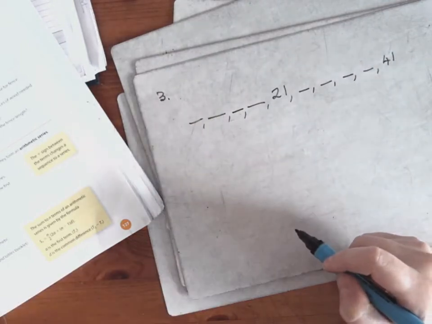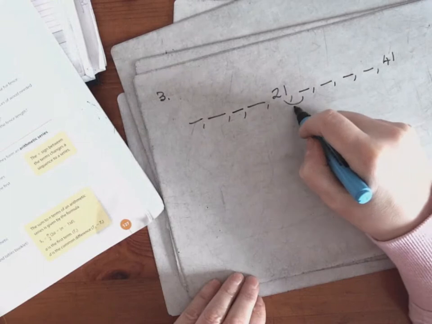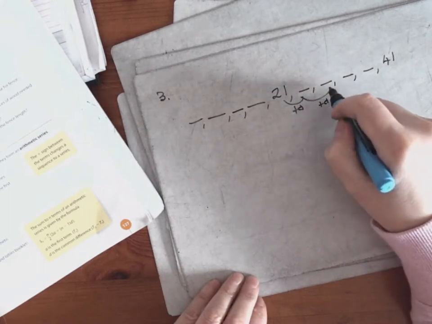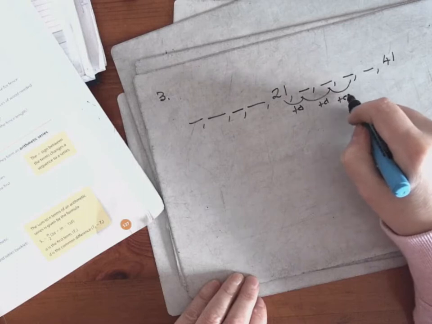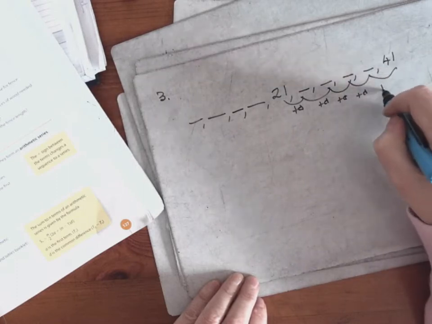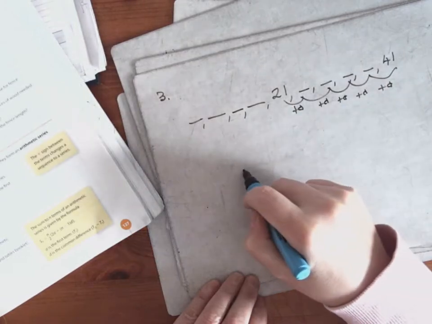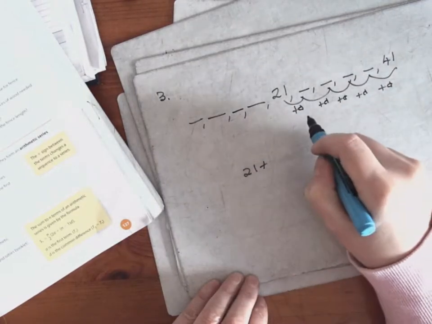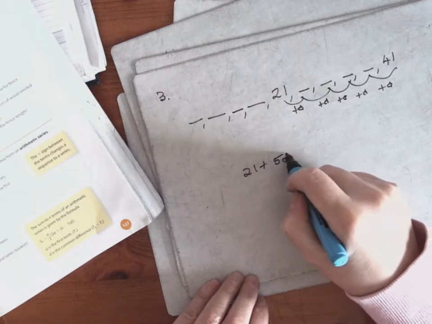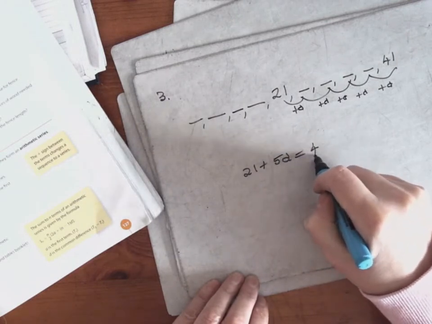Okay, so if I add on D here, I get the next term, and I keep adding on D, so if I start at 21 and add on 1, 2, 3, 4, 5 Ds, I'll end up at 41.